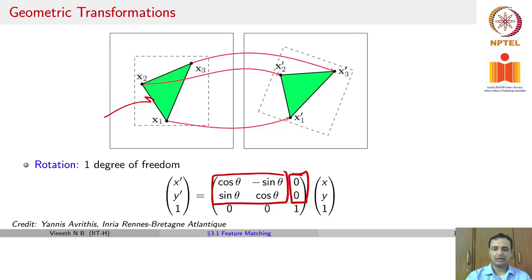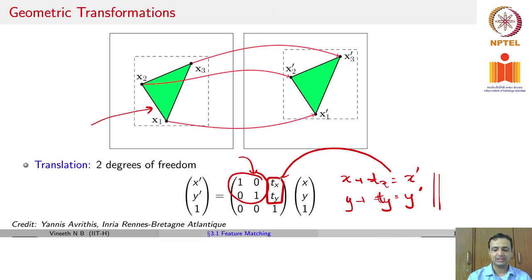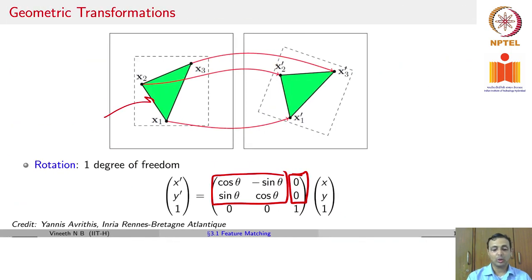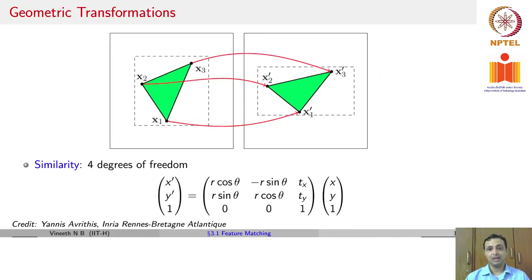So you can see here that if you went back to the previous slide, in translation there are 2 degrees of freedom, tx and ty. In rotation, just 1 degree of freedom, which is given by the angle theta. Another transformation is called the similarity transformation, which has 4 degrees of freedom, which combines rotation, has 2 degrees of freedom due to translation, but you also have a scaling aspect here, which is given by r, which can change the size of the object in the second image.